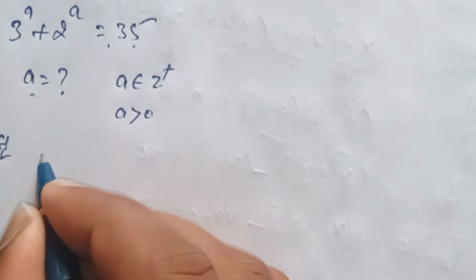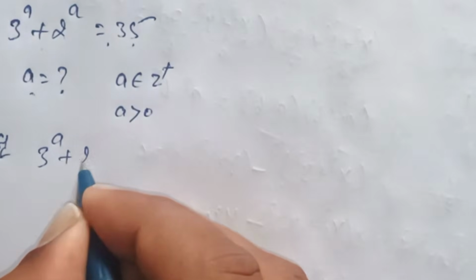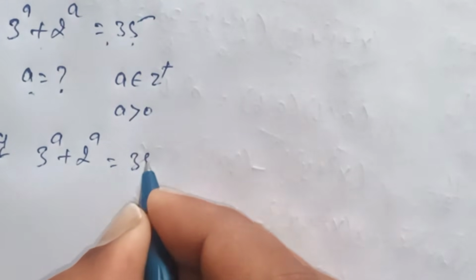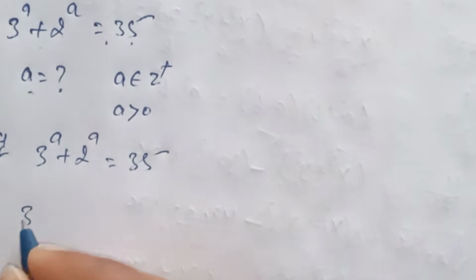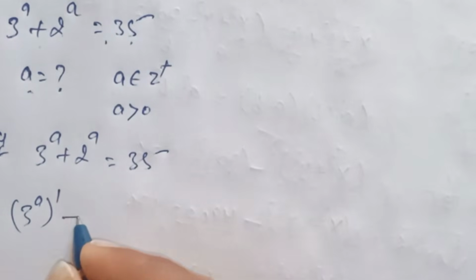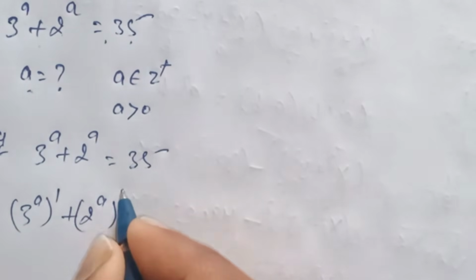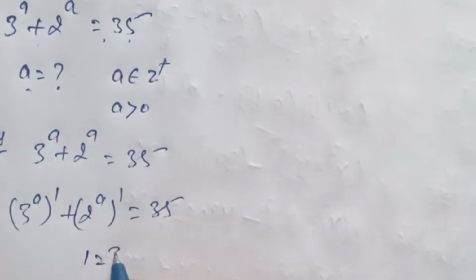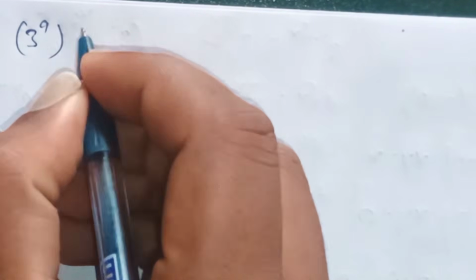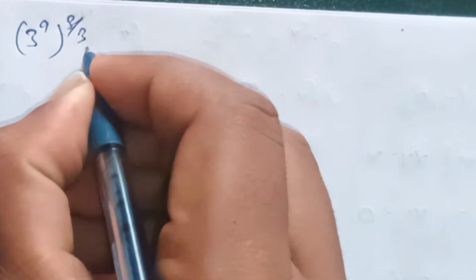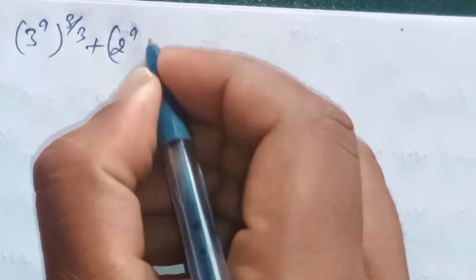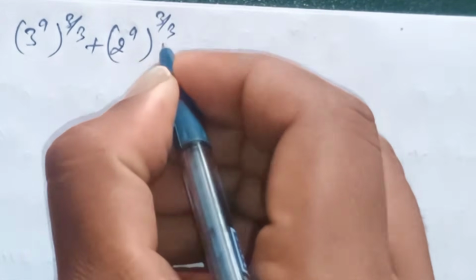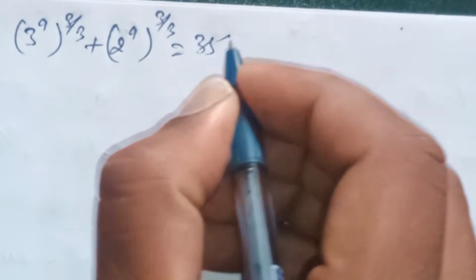First of all, according to the question, 3 power A plus 2 power A is equal to 35. After that, (3 power A) whole power 1 plus (2 power A) whole power 1 is equal to 35. Here 1 is equal to 3 divided by 3, cancel, left with 1. So (3 power A) whole power 3 divided by 3 plus (2 power A) whole power 3 divided by 3 is equal to 35.